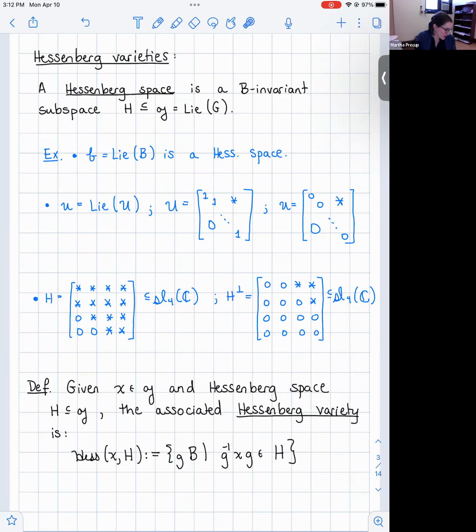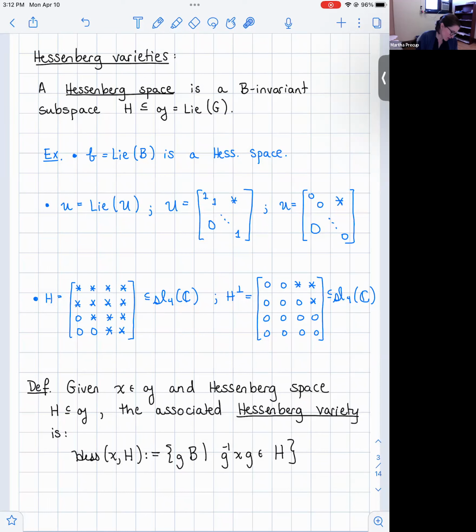We could also have taken the Lie algebra of our maximal unipotent subgroup. In my type A example, I could take the subgroup that's upper triangular with all ones on the diagonal. That has a Lie algebra that corresponds to strictly upper triangular matrices in the Lie algebra of little sl. And that's a perfectly good Hessenberg space.